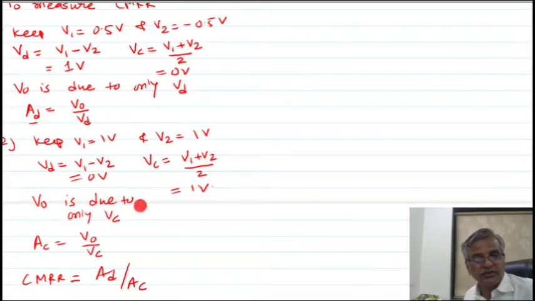This output voltage is due to only the common mode signal. See, here the input you have kept the same, and you are measuring the output. This output is due to common mode. So the common mode gain is output upon common mode signal. So you calculate AD, you calculate AC, and you can find CMRR equal to AD by AC. In this way you can find the CMRR.